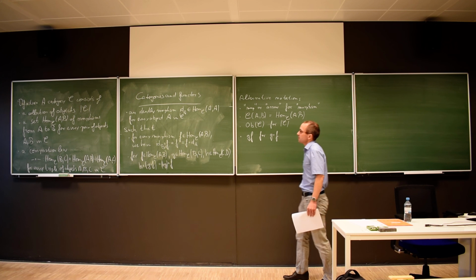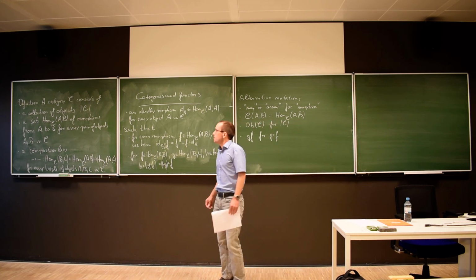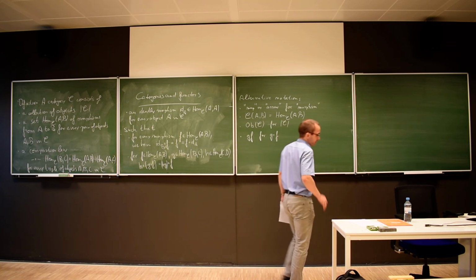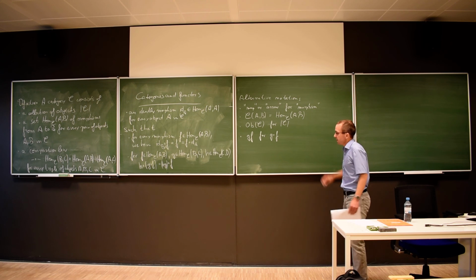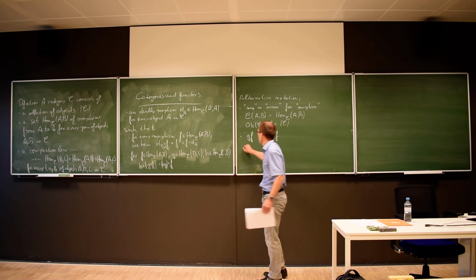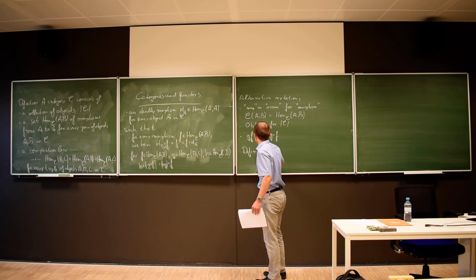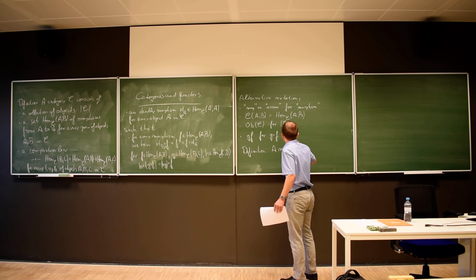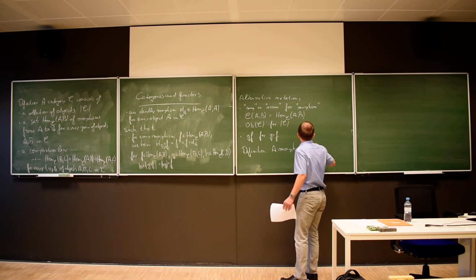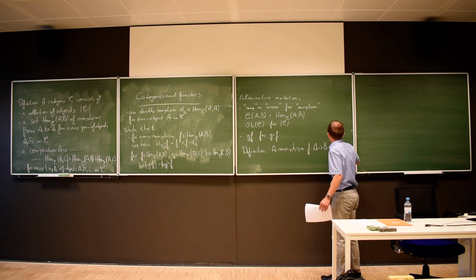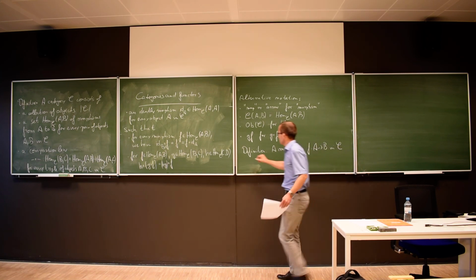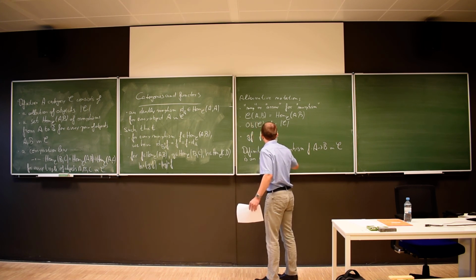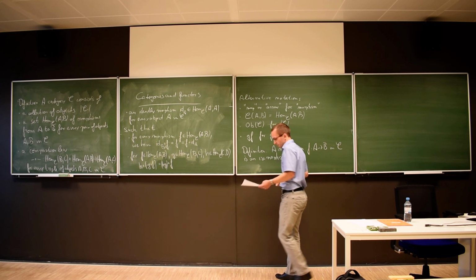Okay, now comes a last formal definition that I would like to present before I start with the examples, for the simple reason that we can then recognize what I'm defining here in the examples. The definition is the following. We say that a morphism F from A to B in a category C is an isomorphism if the following holds.